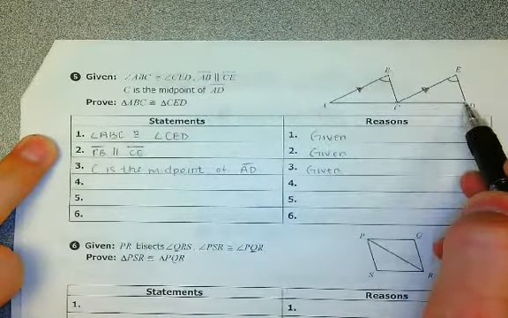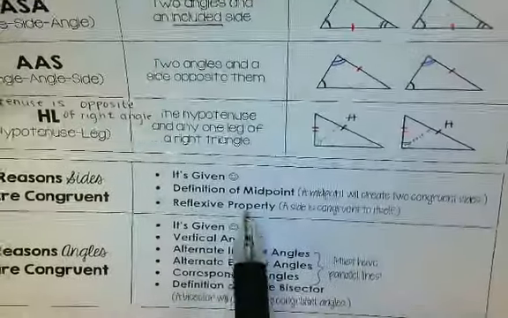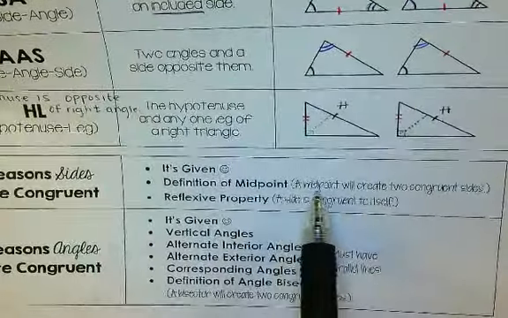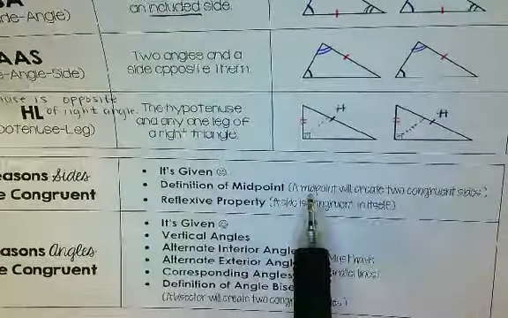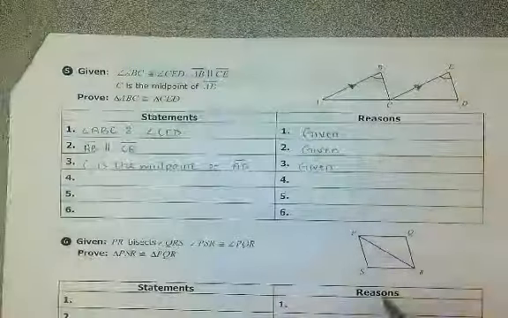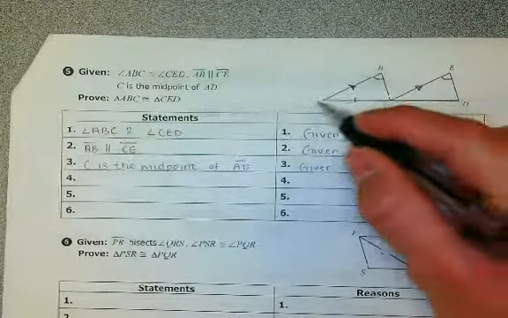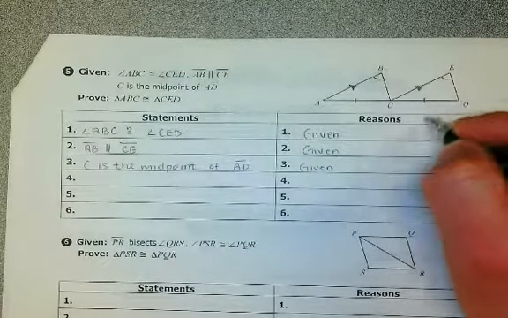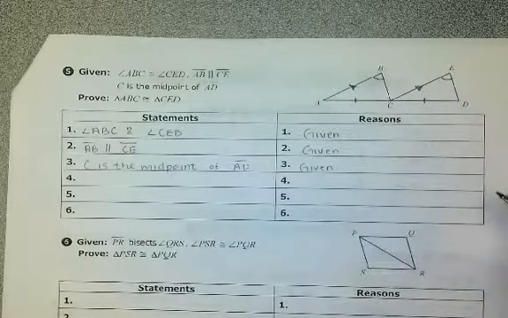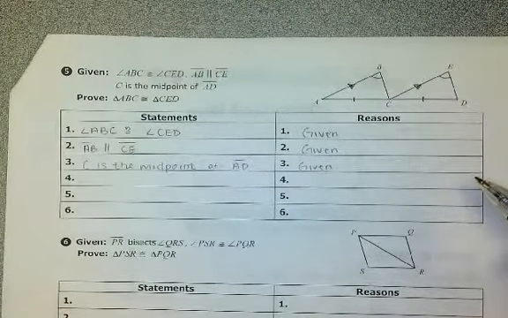So here's side AD, C is the midpoint. What does that mean? Here's the definition of midpoint: a midpoint creates two congruent sides. So on the left, AC is congruent to CD, which is on the right.